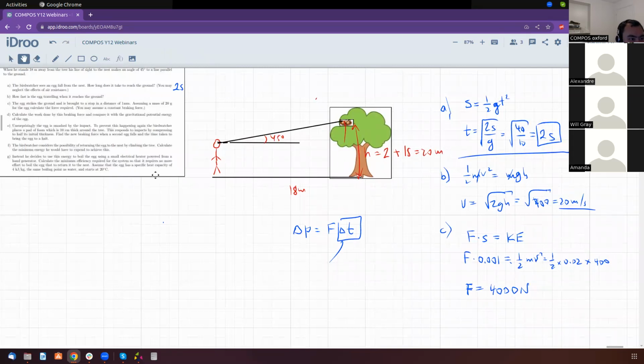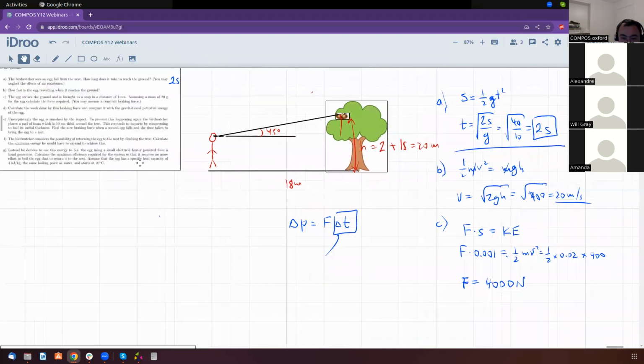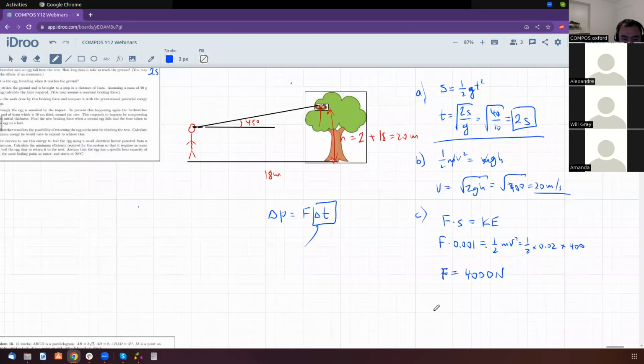Calculate the work done by this braking force compared with the gravitational potential energy of the egg. Well, that's obvious. The force is 4,000, so the work is 4,000 times 0.001. That's 4 joules.